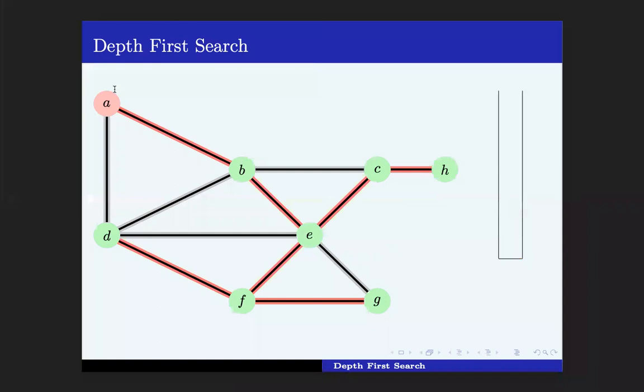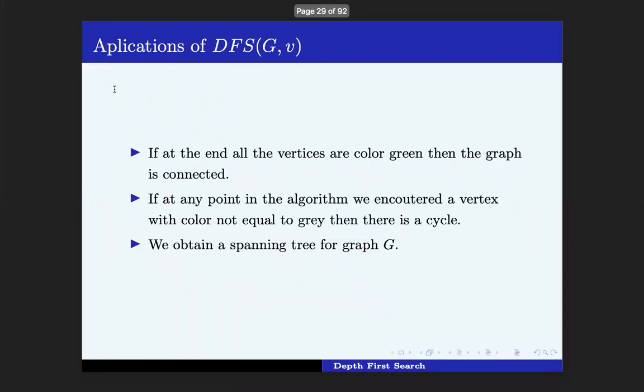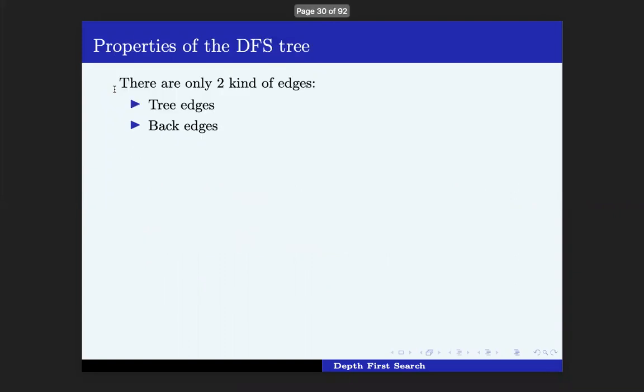Okay, good. So this is basically the DFS thing. Let me quickly go into this. There are only two kinds of edges, called the tree edges and the back edges.